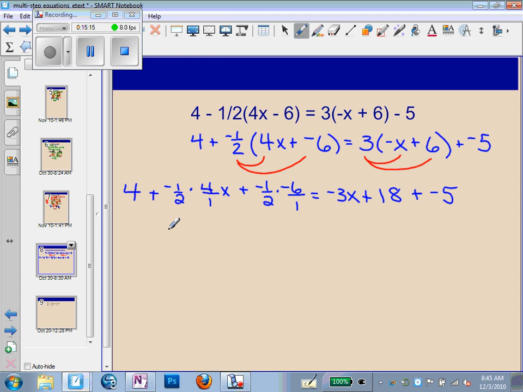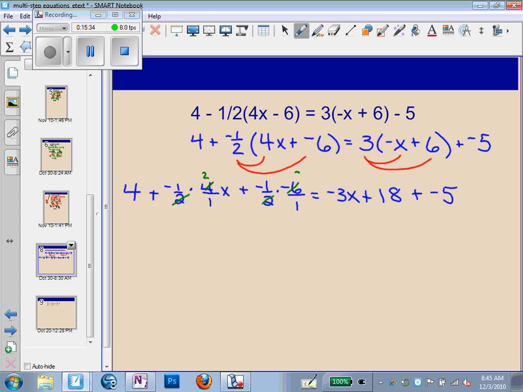Now, I need to come in on the left-hand side and finish out my distributive property by doing the multiplication. And I'm going to be doing some cross-canceling. So 1/2 times 4, the 2 goes into 4 2 times, and then negative 1/2 times negative 6, 2 goes into 6 3 times.